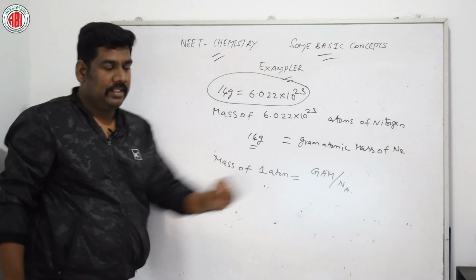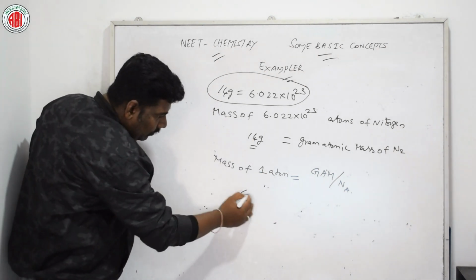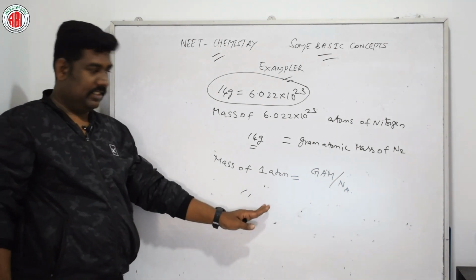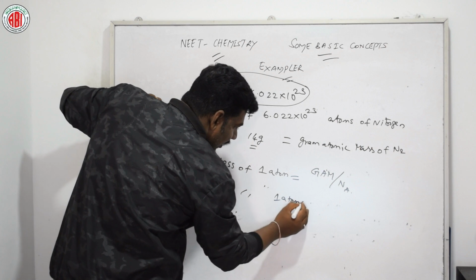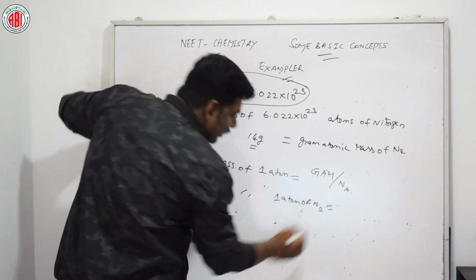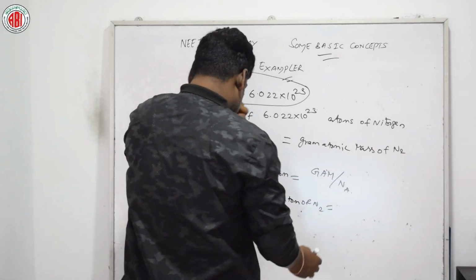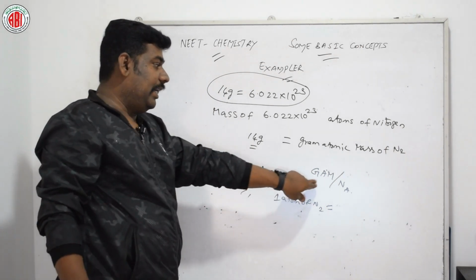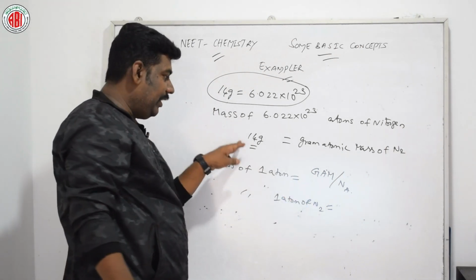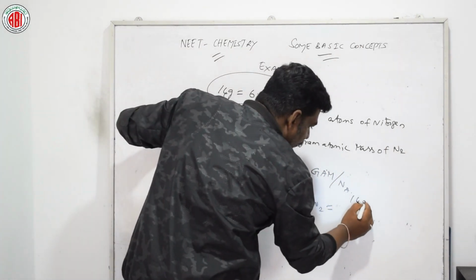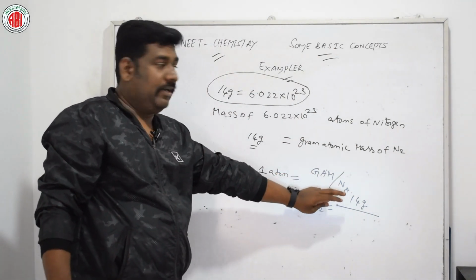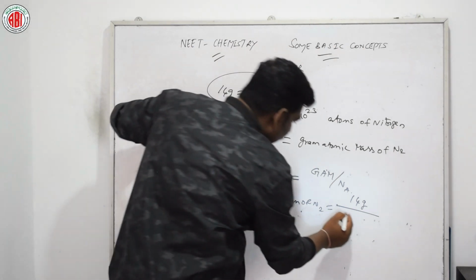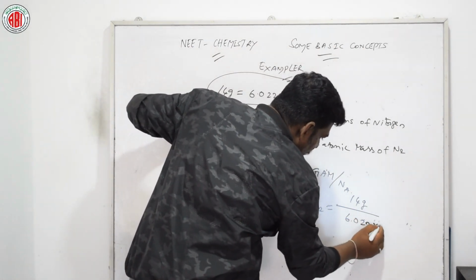So the mass of one atom of nitrogen is equal to the gram atomic mass, 14 gram, divided by the Avogadro value, which we know is 6.022 into 10 to the power of 23.